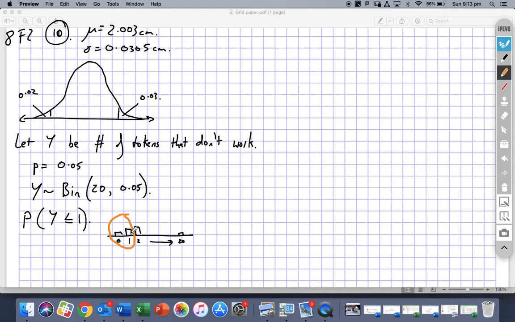We could have 0 tokens that don't work, which would mean all of the tokens work, or we could have 1 token that doesn't work, which would mean 19 others would work.